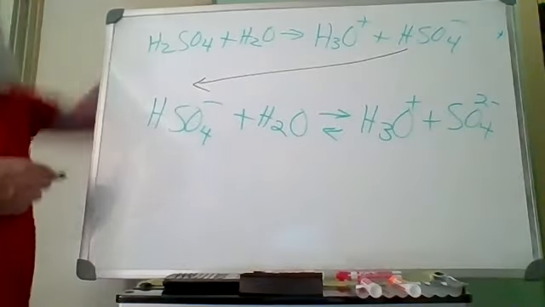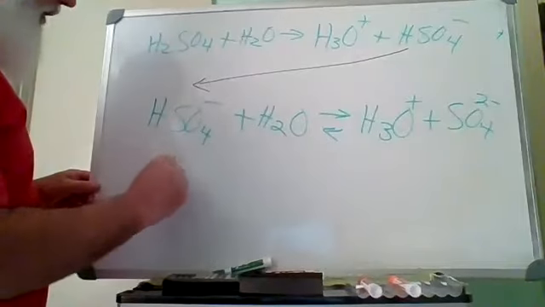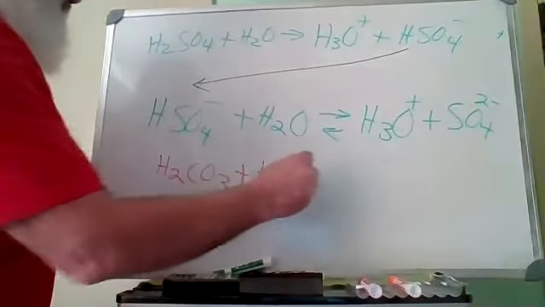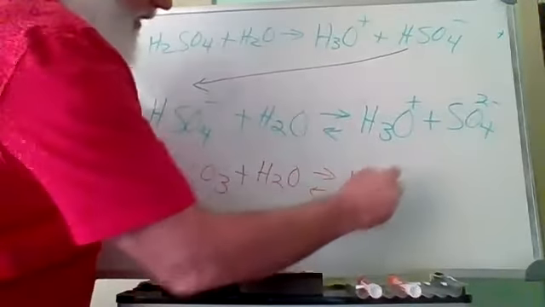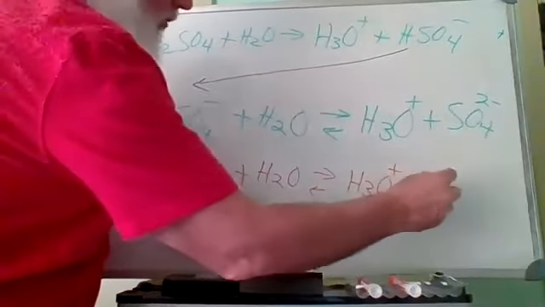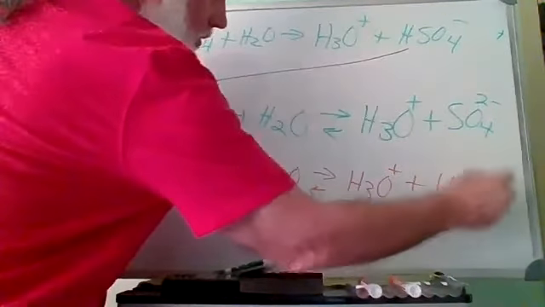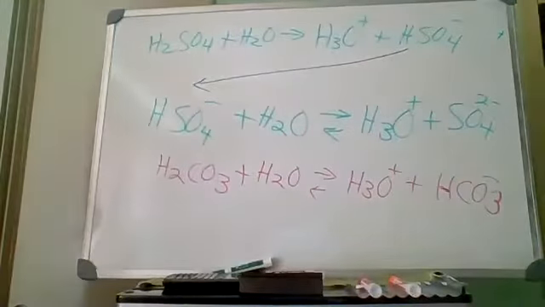For example, carbonic acid, H2CO3. This removal of the first proton is itself a weak acid proposition. But in the case of sulfuric, it's a strong acid.